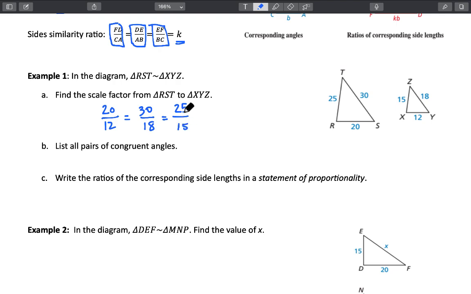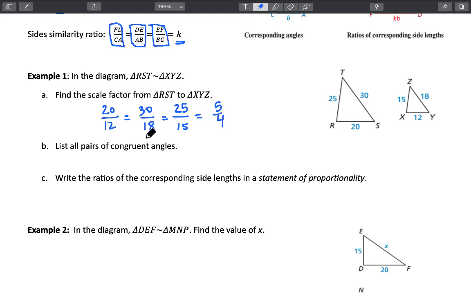Now notice all of the sides from our first triangle, RST, are in the numerator, and all of the sides from the second triangle are in the denominator. You can also see that the largest sides are in one ratio, the next largest sides are in another ratio, and then the smallest sides are in another ratio. When we reduce, all of the numbers on the top are divisible by 5 and the bottom divisible by 4, so that's going to reduce down to, what is that, 5/4, right?